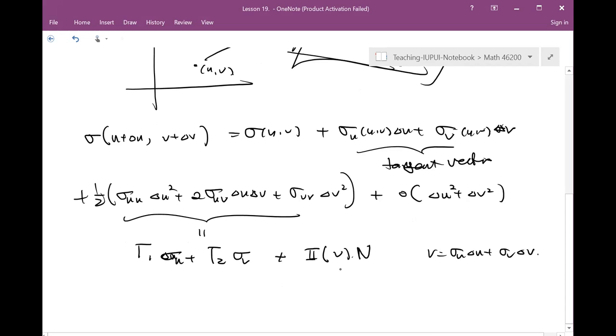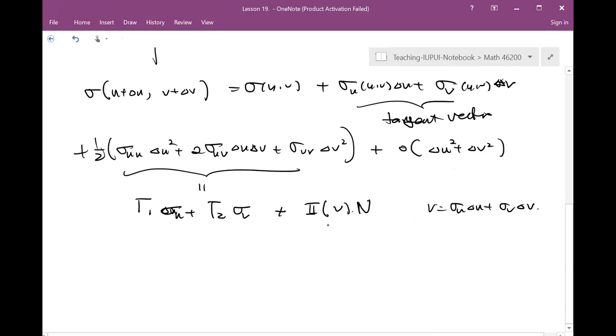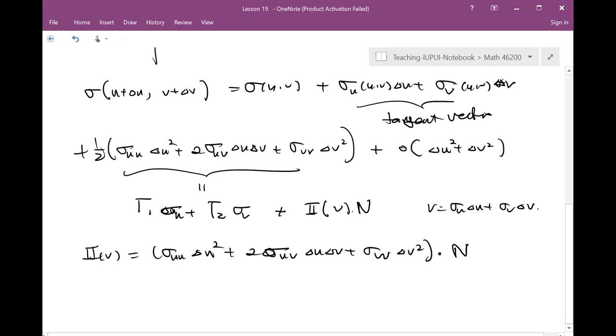By definition, the second fundamental form is defined as the dot product of n with this vector.